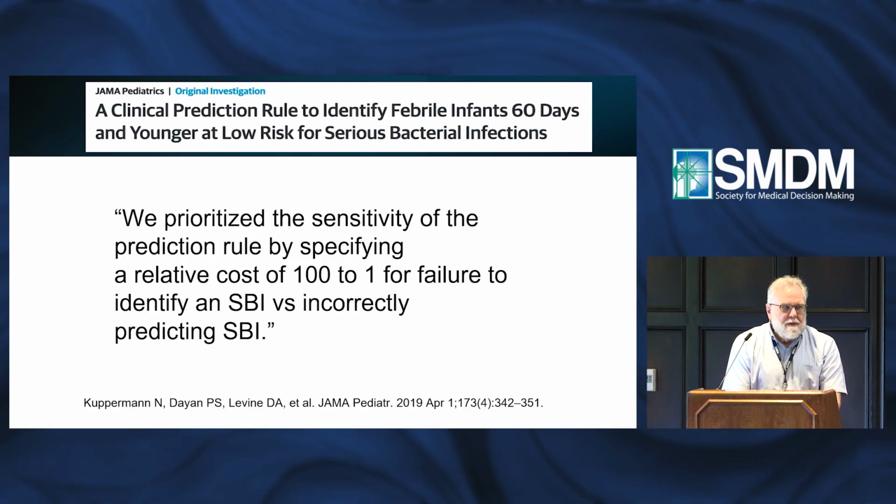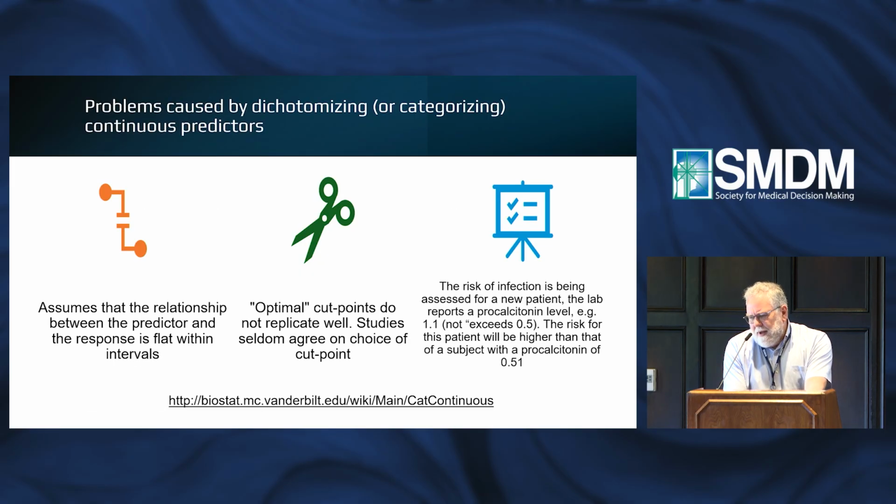Maybe they polled people, but I don't know. What if it's 200? Or what if it differs depending on the invasive bacterial infection, meningitis versus UTI? It certainly does. I don't really need to talk a lot about dichotomization and the problems with it to this group. It's still rampant, and I think it's part of the problem.